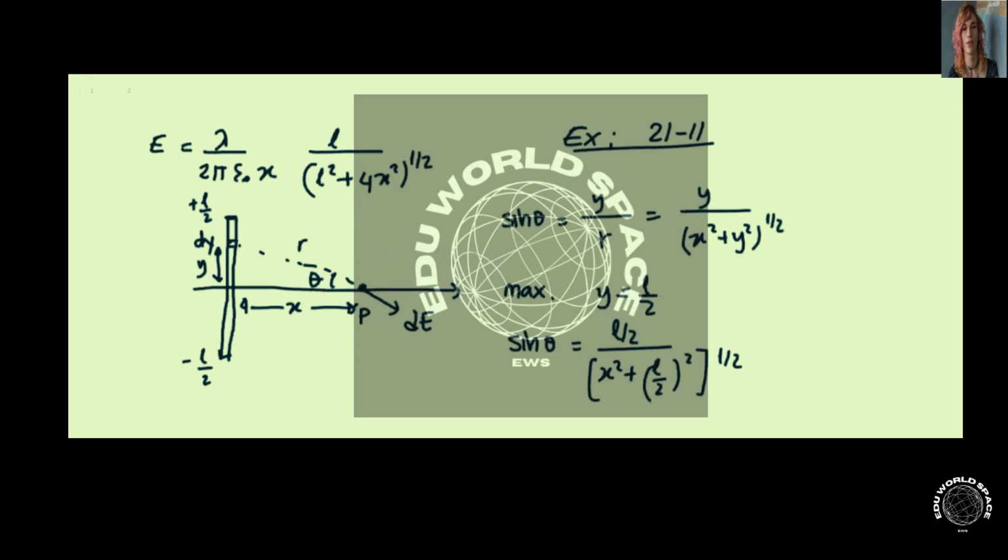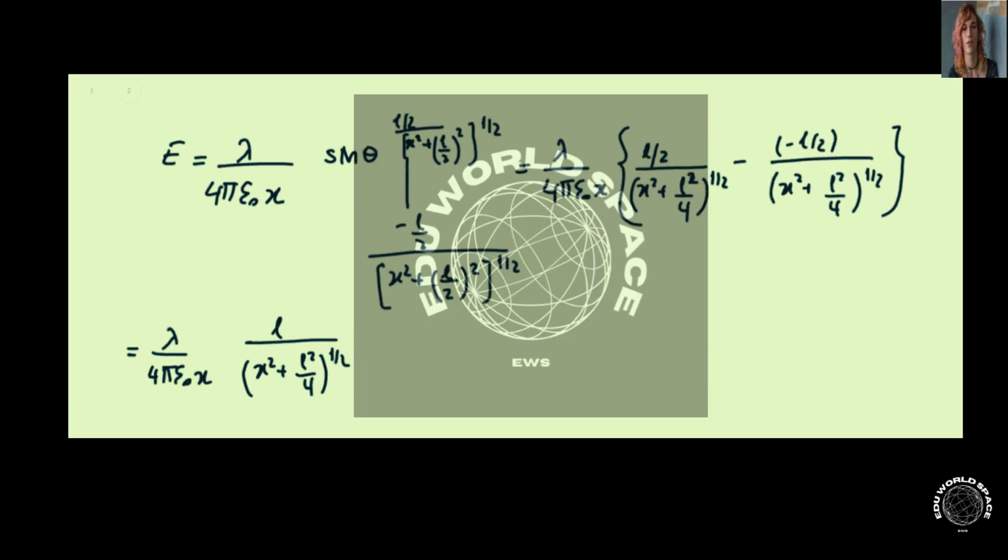Now let's look at what we're trying to prove. It seems like every term here is multiplied by 4, and we're missing a 2 here. So let's play with it a little bit. Let's write lambda over 2 pi epsilon naught x, and try to put this 2 inside the square root.